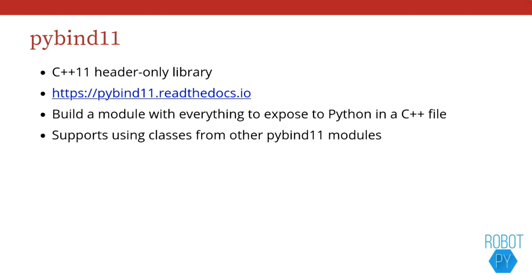And it lets you build a module, and you declare everything that you want to expose to Python in a C++ file. And it does let you also depend on classes from different PyBind11 modules that have been built.